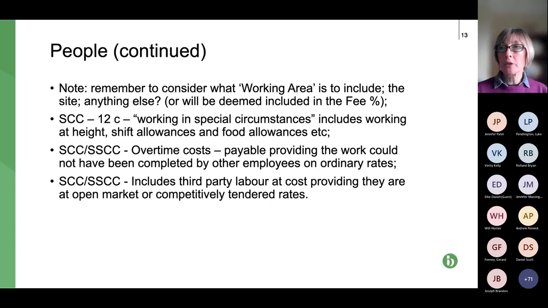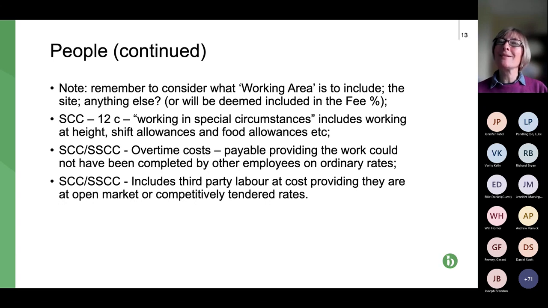In both, overtime costs are covered. And again, what you see is a sort of series of checks and balances. So overtime is covered, but the check is that it's only payable if the work couldn't have been completed by other employees on ordinary rates. That's to stop a situation where the contractor decides, okay, we can leave some people working on a kind of slow because the work isn't on the critical path, but we'll get other people working overtime on work that is a critical path.